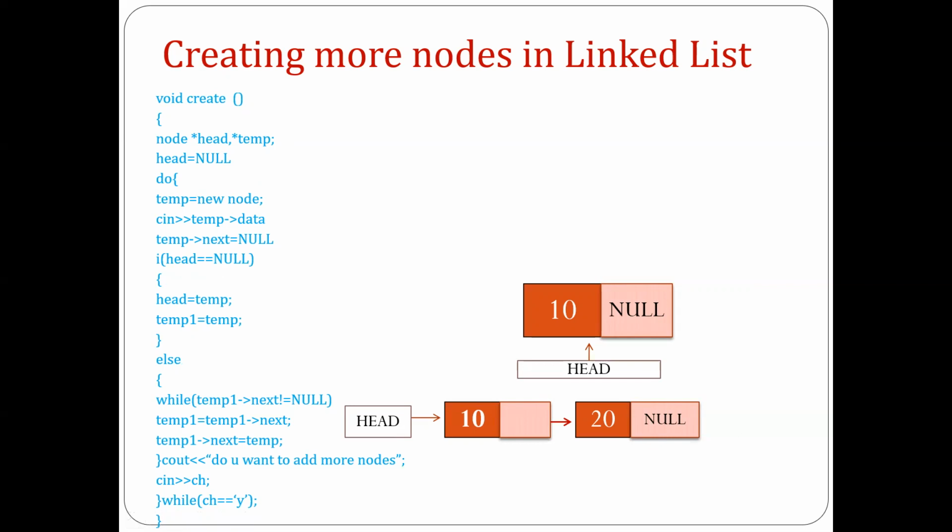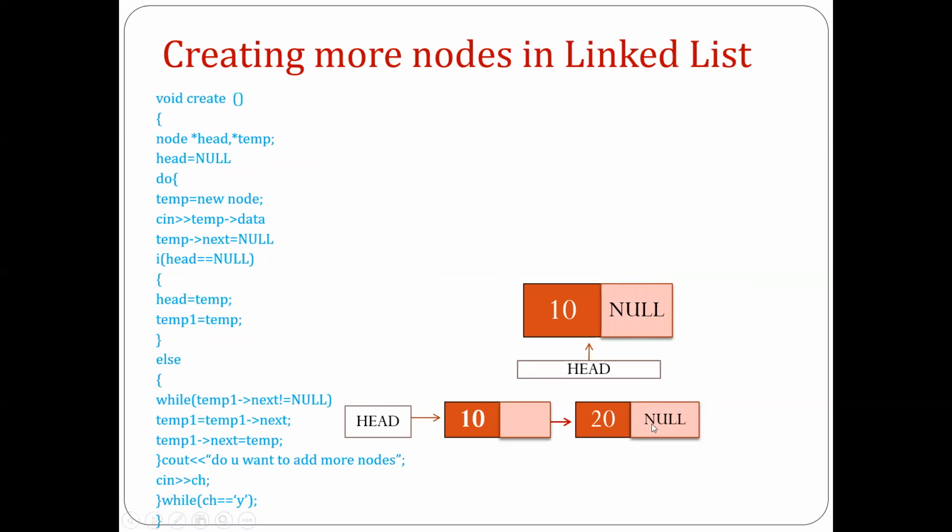Inside the else part, I have written a while loop: while temp1 next is not equal to null, temp1 is equal to temp1 next. With this while loop, I want to traverse the list till the last node present in the list, because I don't know how many nodes are present in the original list.